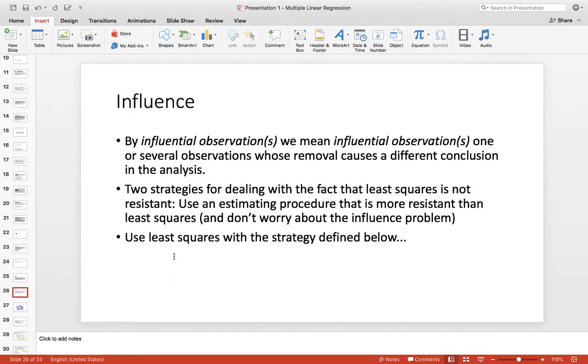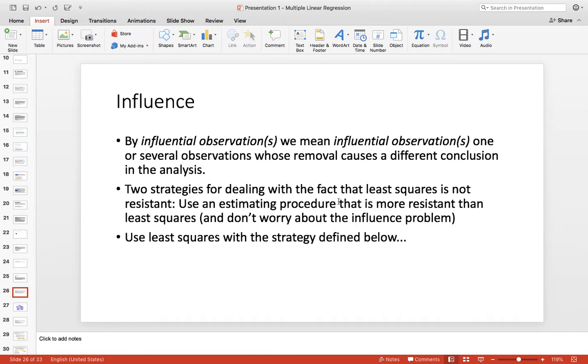Okay. So influence. By influential observations, we mean one or several observations whose removal causes a difference in the conclusion of the analysis. Two strategies for dealing with the fact that least squares is not resistant.